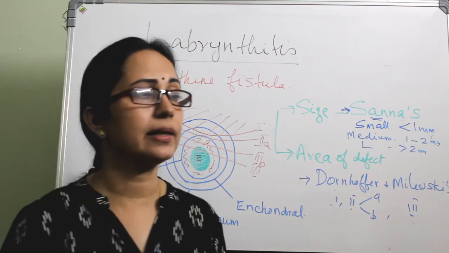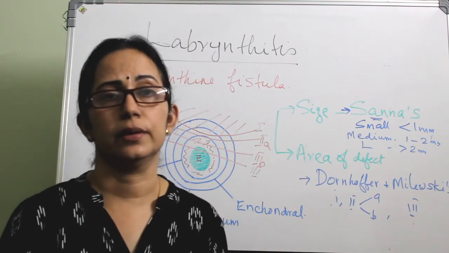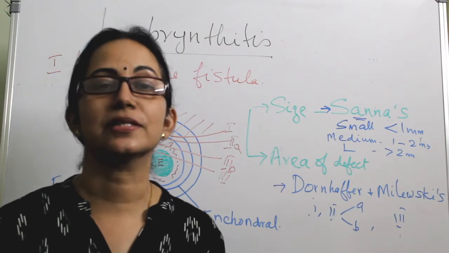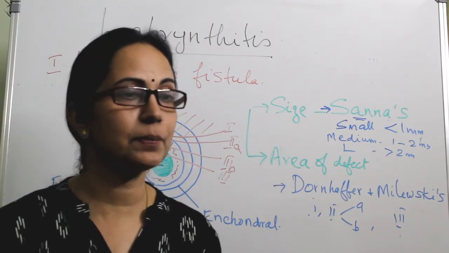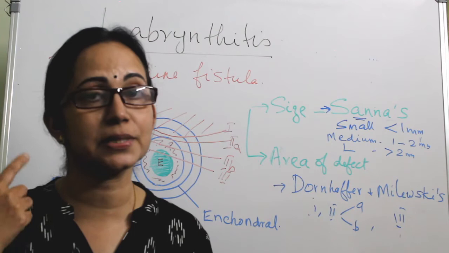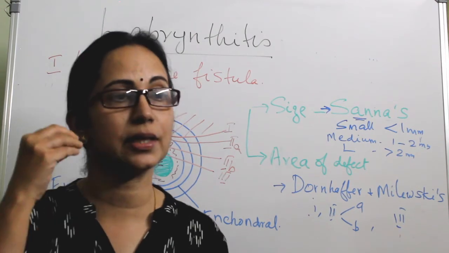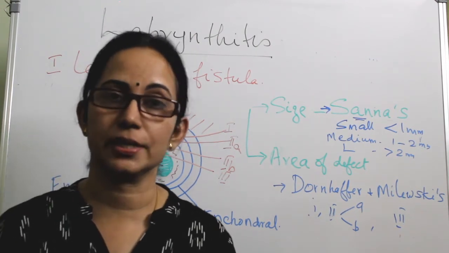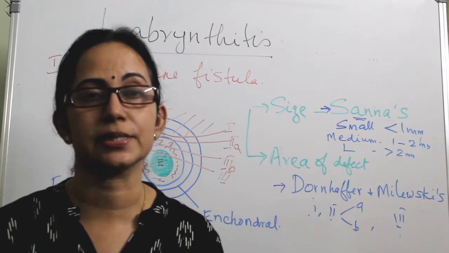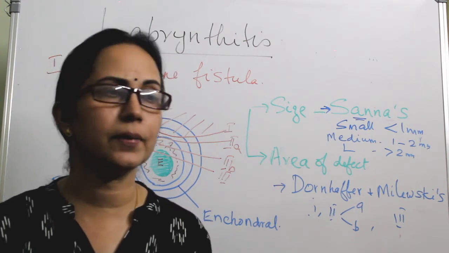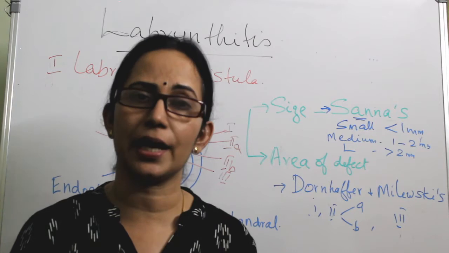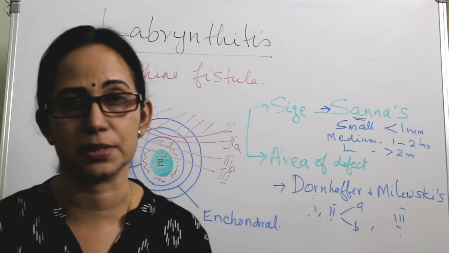And what are the clinical features of a labyrinthine fistula? In most of the cases, the patient will be asymptomatic. If the patient is having a cholesteatoma, there will be symptoms related to that, mostly continuous discharge from the ear, maybe a foul smelling discharge. But the development of labyrinthine fistula as such will not cause much symptom.